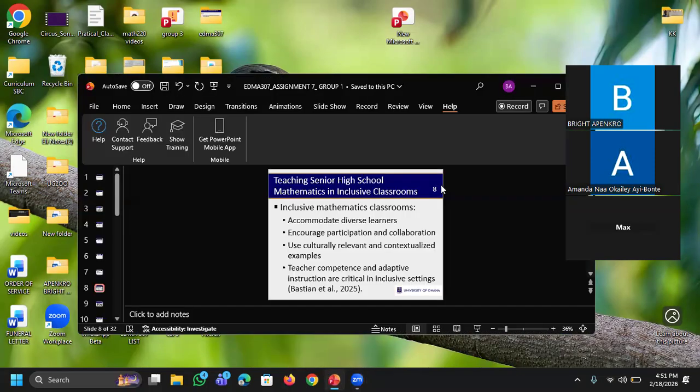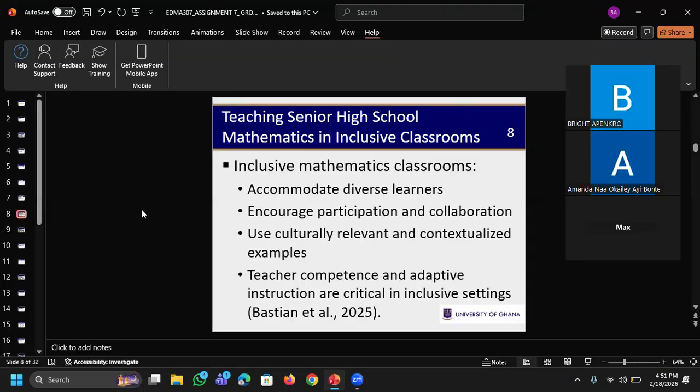We include all of them in a mathematics classroom. The second one, we encourage participation and collaboration. We encourage students to work together to solve problems, to think critically, and to include logical reasoning. Participation is very important because what one child can do would go further if three students are doing it.